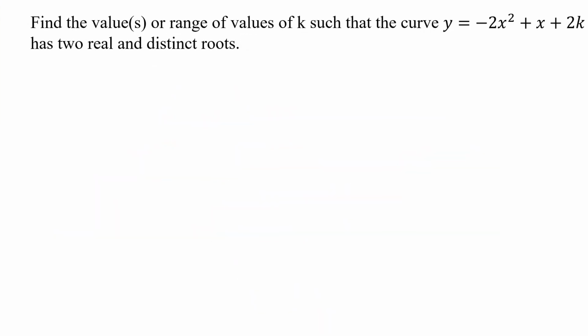Alright, let's try to do another question. So the question could be such that instead of telling you that it has 0 x-intercept or 1 x-intercept, you are told that this curve has 2 real and distinct roots. Are you able to recall how it is related to the value of b squared minus 4ac?